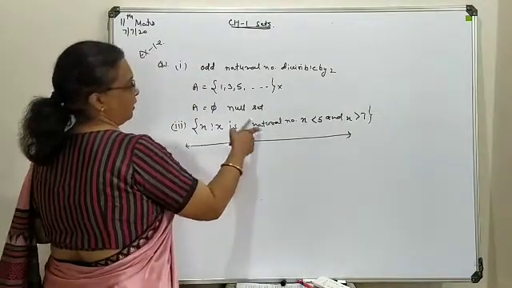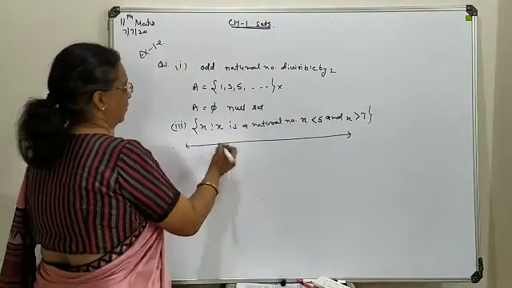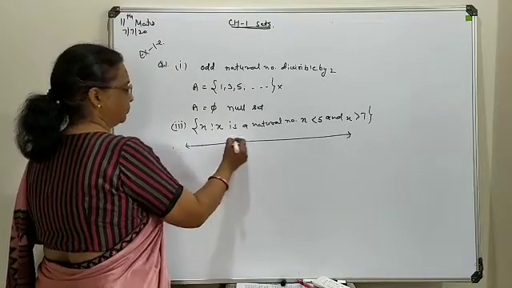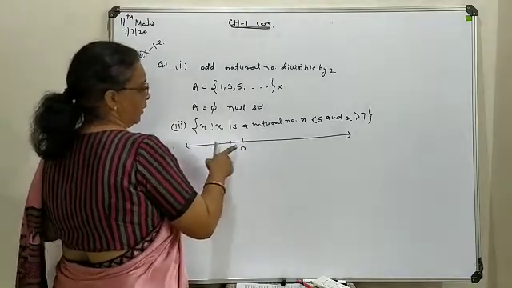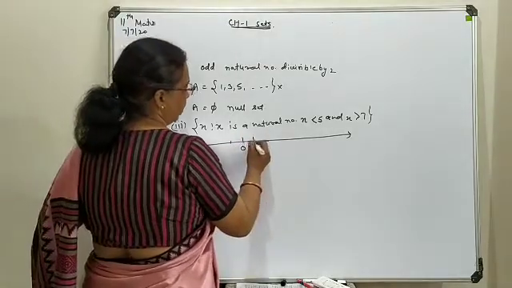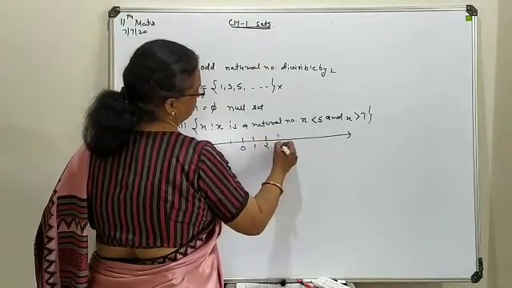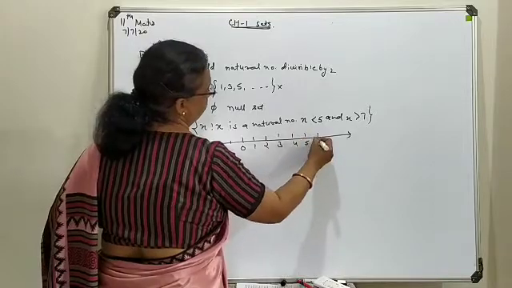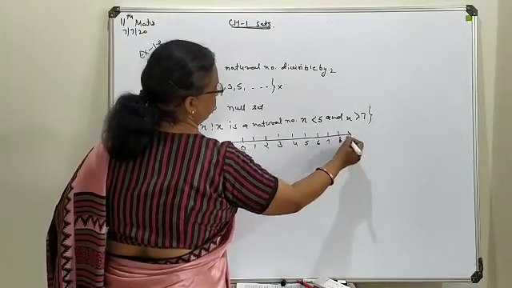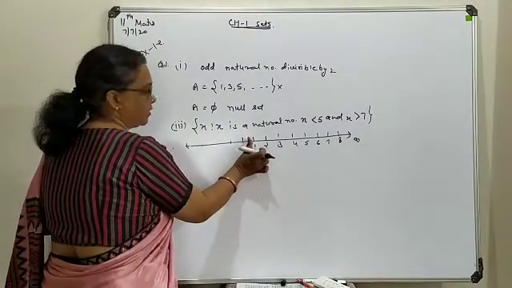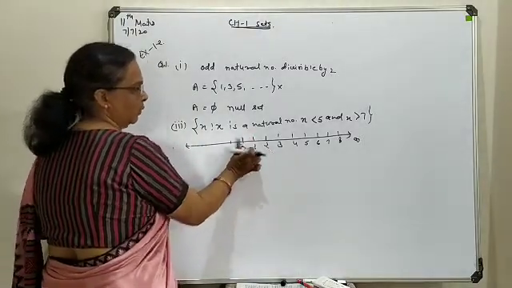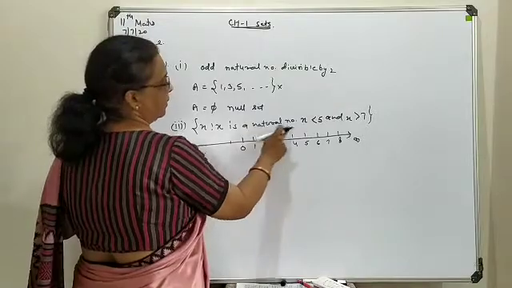This is your number scale. The concept of natural numbers: suppose this is 0, and somewhat negative terms. Natural numbers start with 1, 2, 3, 4, 5, 6, 7 like that, up to positive infinity. Formally we have to start counting with 1 only.